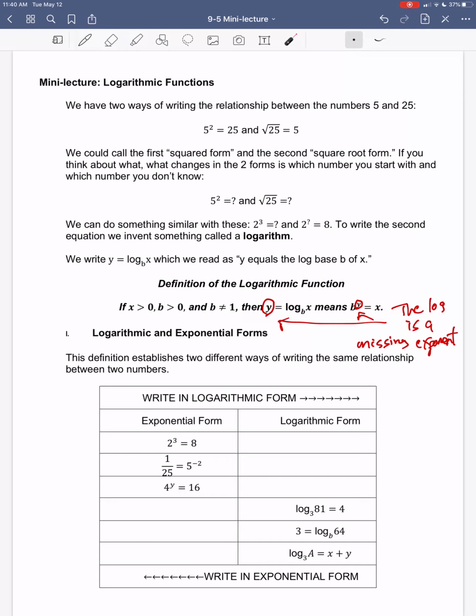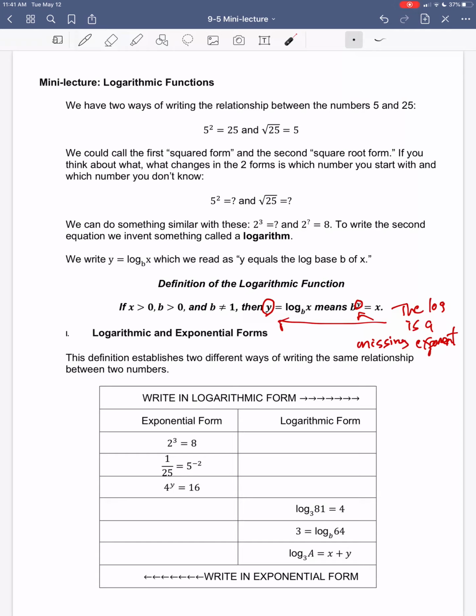These first few problems we're going to go from left to right. We're going to start in exponential form and then rewrite in logarithmic form. On these last three we're going to go the other way. We're going to go from logarithmic form and write in exponential form. So if I go from left to right, we're switching to logarithmic form. If I go from right to left, we're switching to exponential form. And we should be able to go back and forth either way. Here's the other thing I keep in mind when doing this.